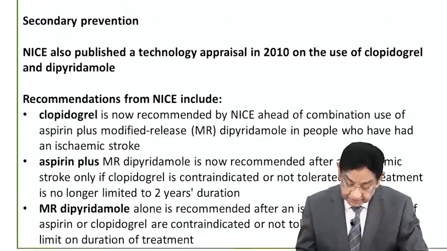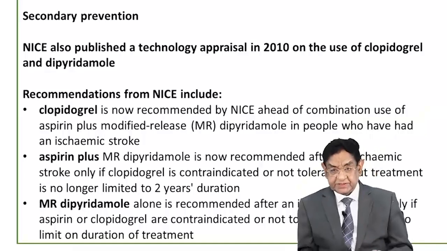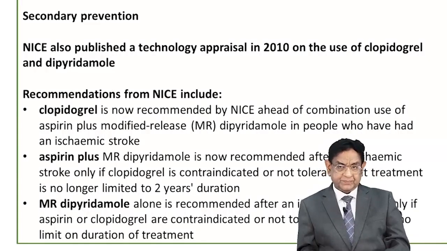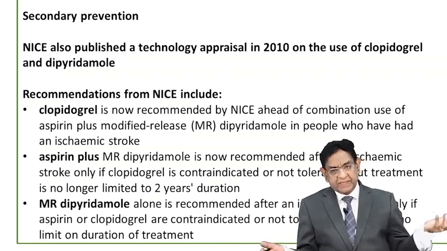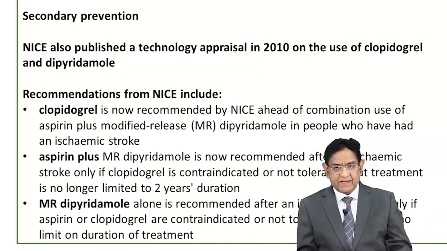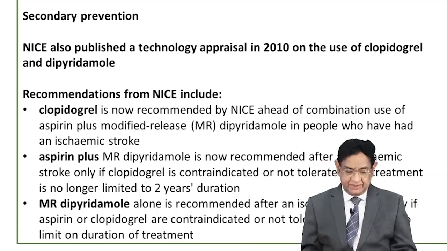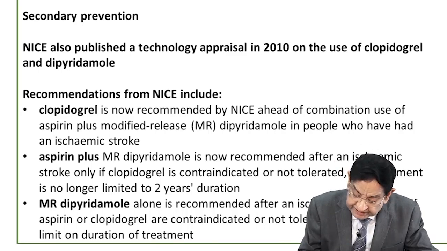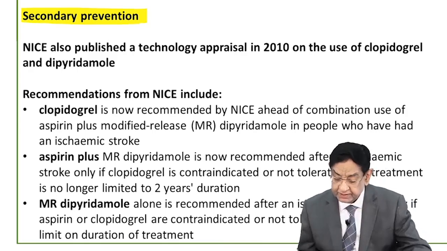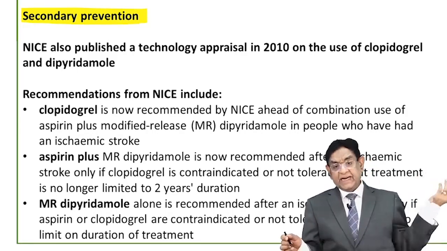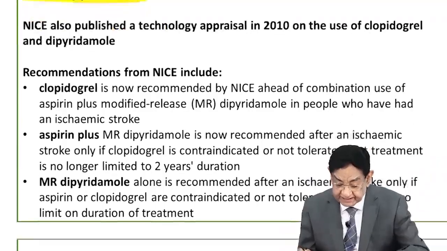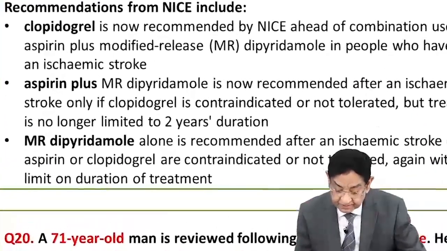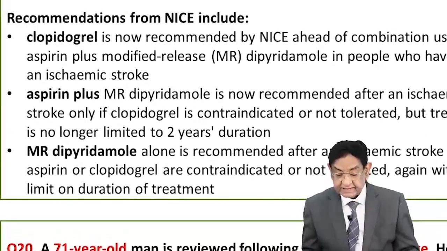Now, secondary prevention. This again is very important. The patient is there with you, and now a time has come when you want to discharge the patient. Definitely, when discharging a patient, we have to plan for secondary prevention. What do the latest NICE guidelines say?